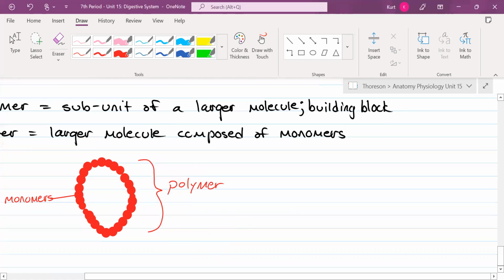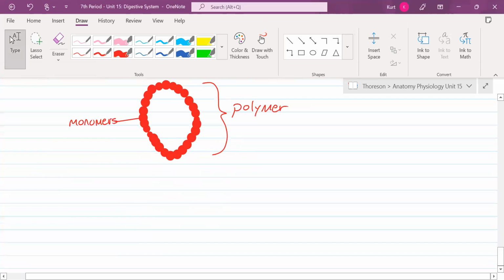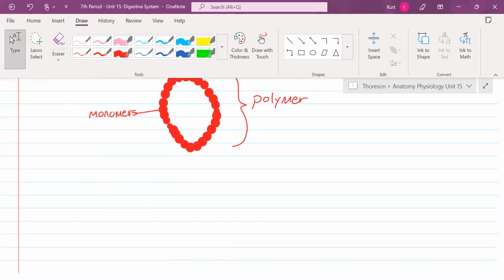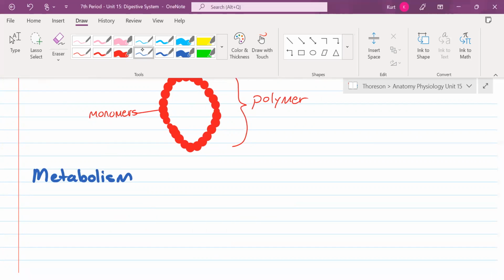Now, to give you an understanding of how both of these are made or broken down, we need to get into metabolism. Some of you may say, I have a really fast metabolism. I could eat a bunch of junk food and I'll still lose weight. Like Tyler could probably eat every item on the menu at McDonald's and he'll still be able to run a mile faster than any of us.